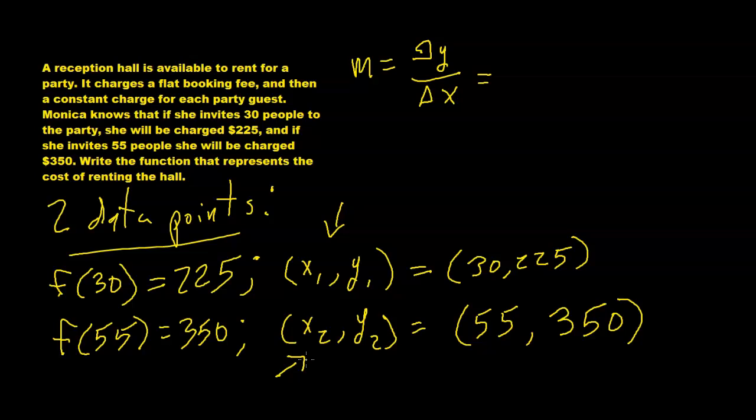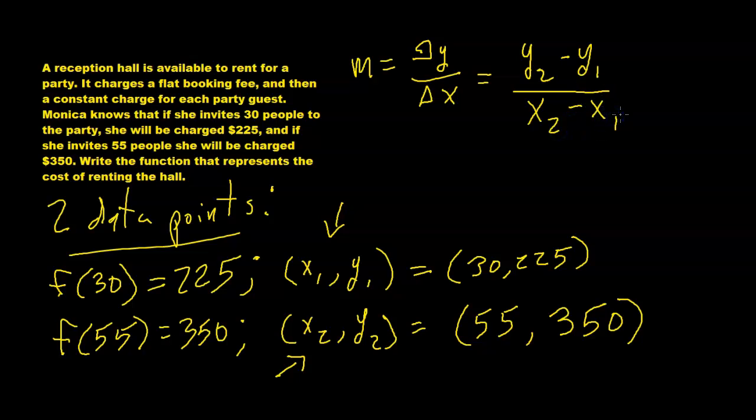How do we know that 30 comma 225 is the x1 comma y1? Because it has the least x value. The formula to find the change in y over change in x is y2 minus y1 divided by x2 minus x1.